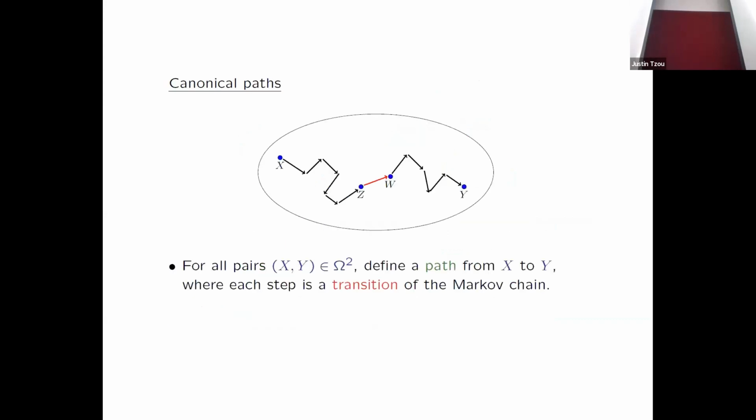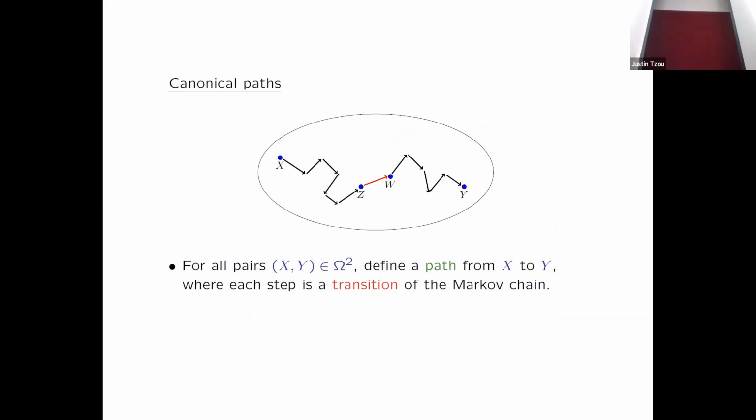But how do you try to get a handle on whether your state space has any constrictions? So the method that we tend to use is called the canonical path method. For any two pairs of states, you have to define a path, one particular canonical path between them, and each step in this path is a transition the Markov chain might take, okay?